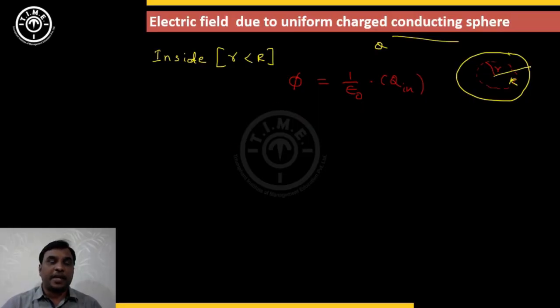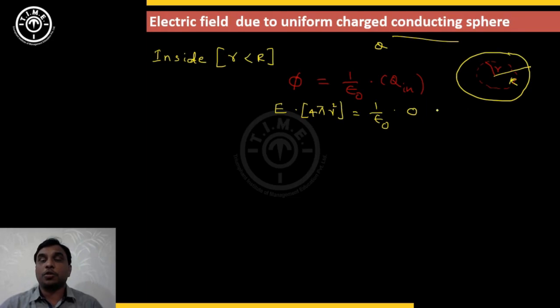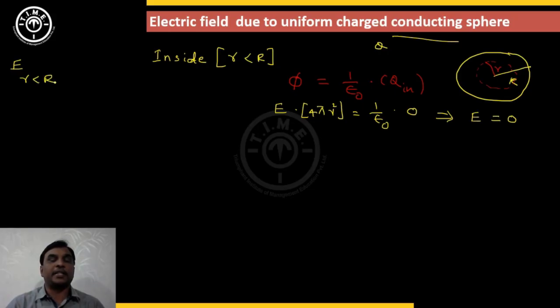This can be written as electric field E dot A, where A is the surface area, 4 pi r square, equal to 1 by epsilon naught into 0. Because inside the Gaussian sphere no charge is available, the electric field at any point inside is 0. I can write electric field for distance less than the radius, at any point inside, is equal to 0.